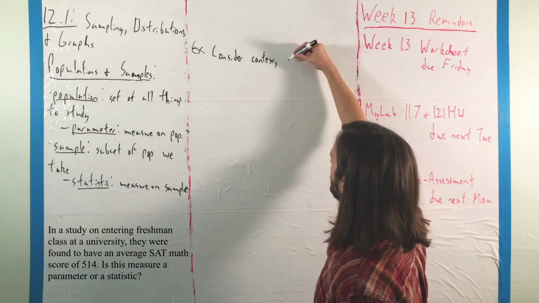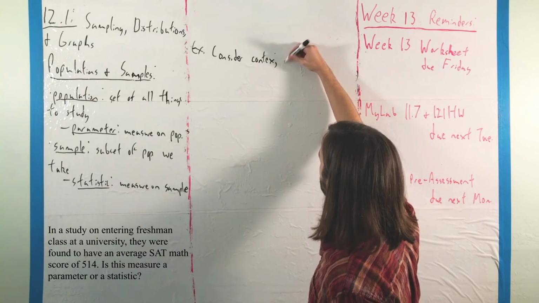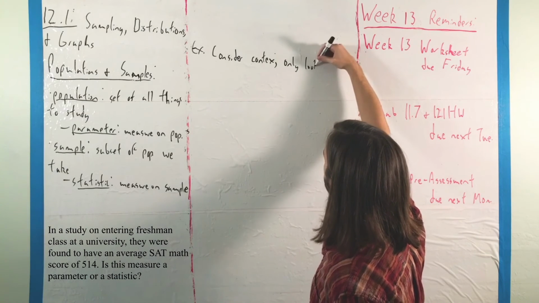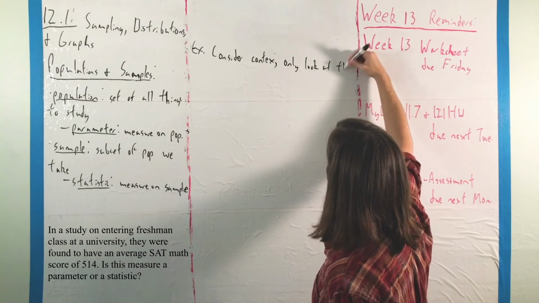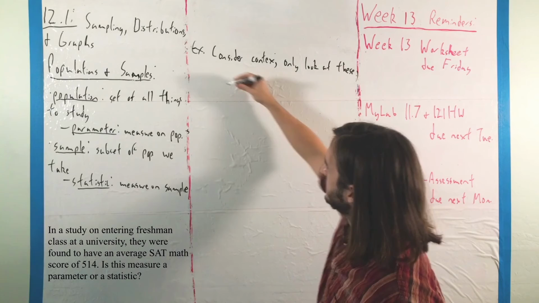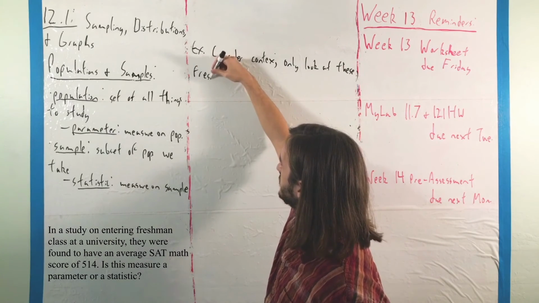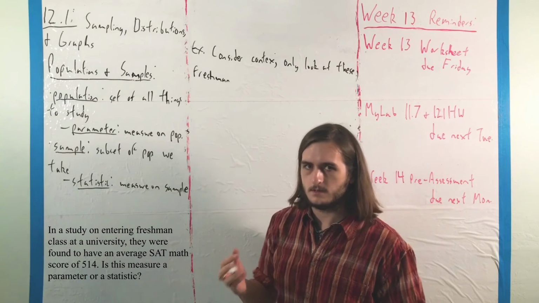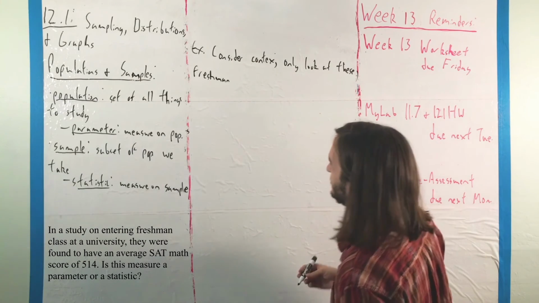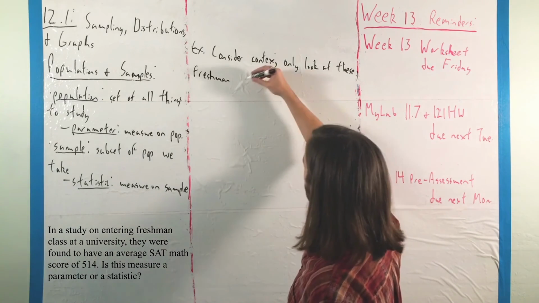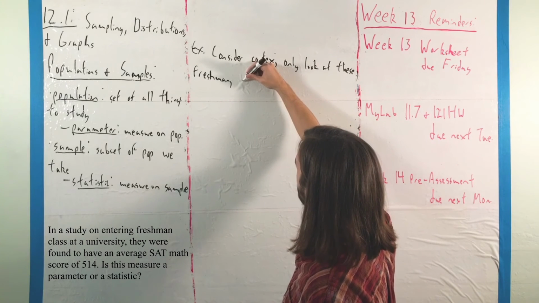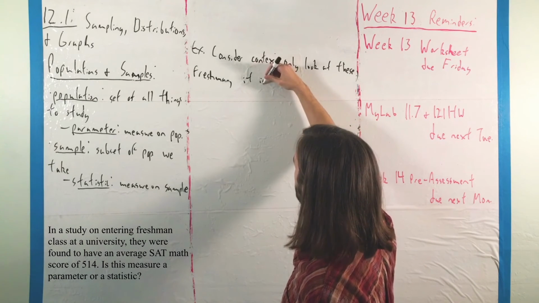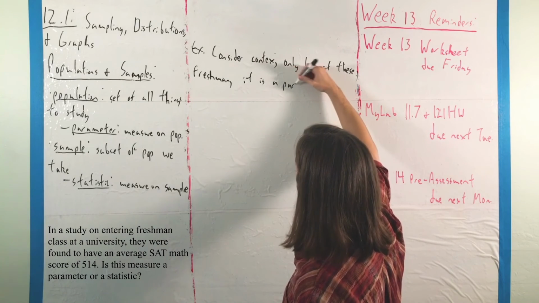Here, because we're only looking at these specific freshmen at this specific school, although it's not actually specific about which school we're looking at, but pretend we're looking at a specific school, it is a parameter.